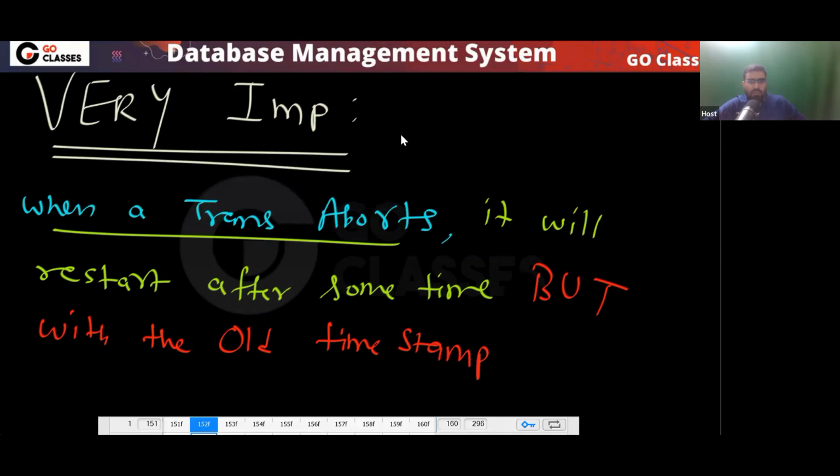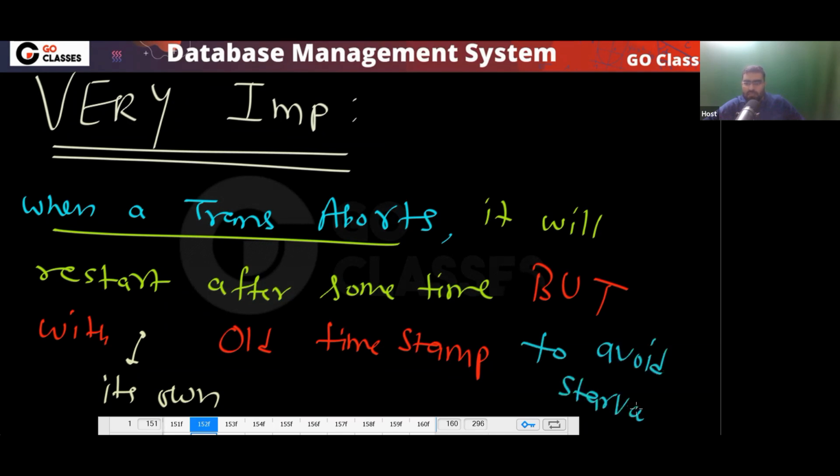So that it can have more priority with its own old timestamp, to avoid starvation. Do you agree? In both these approaches, to avoid starvation, this will happen.